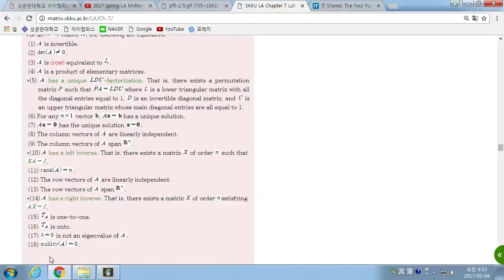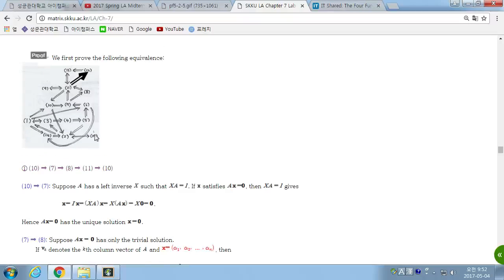So we have added a couple more here. If we can show any one of the conditions, then we can use all the other 17 equivalent statements. This is very important. Again, this is a proof.